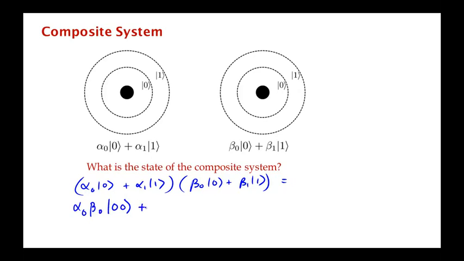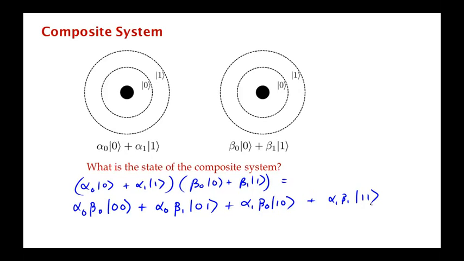The amplitude of 01 is just alpha 0 times beta 1. The amplitude of 10 is alpha 1 times beta 0. And the amplitude of 11 is just alpha 1 beta 1.